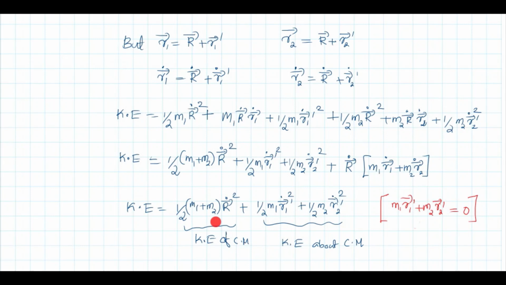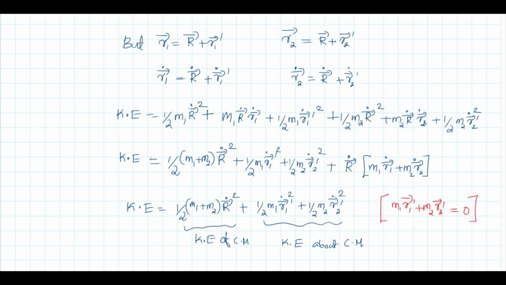So the system will have a kinetic energy that is the sum of the kinetic energy of the center of mass and the kinetic energy about the center of mass. For any system of particles or for any rigid body, you can write the total kinetic energy as the sum of the kinetic energy of the center of mass and the kinetic energy about the center of mass.